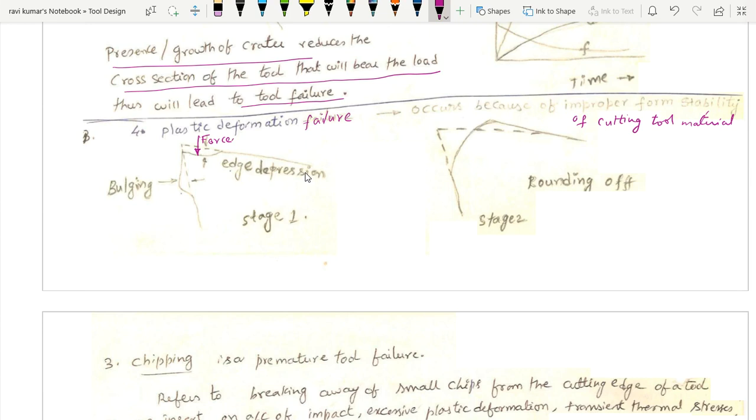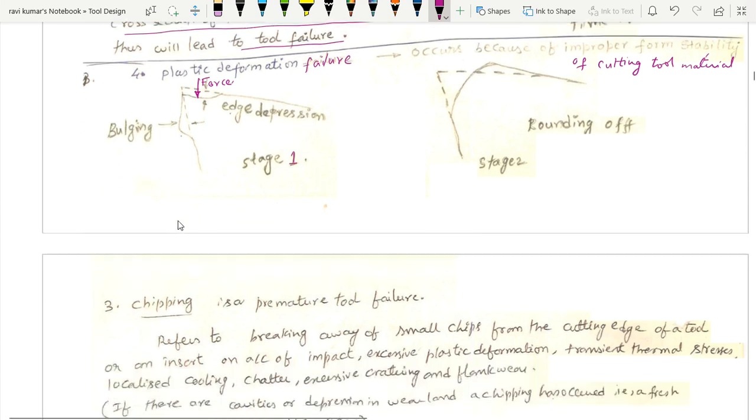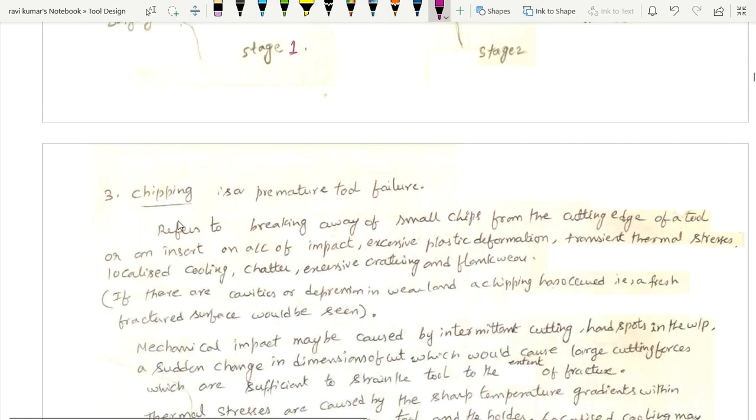Likewise, a bulging to the side. So this is in stage 1. In stage 2 or in the later stages, we find that there is a sort of rounding off. That means the tool shall only rub, it shall not cut. Right? So this is the next type of tool damage.